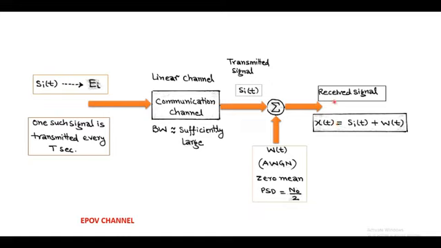Now at the receiver side, the received signal x(t) contains two additive terms, that is Si(t) and W(t), over a time interval of t greater than or equal to 0 and less than or equal to capital T, for i equals 1 to capital M.